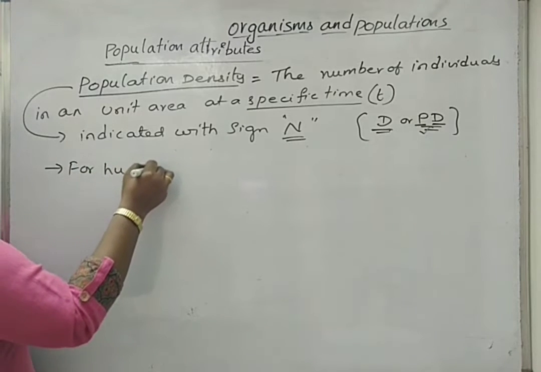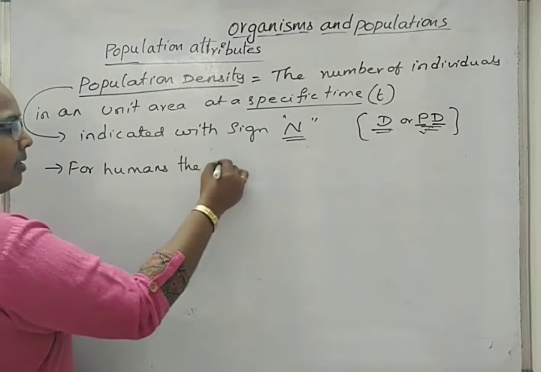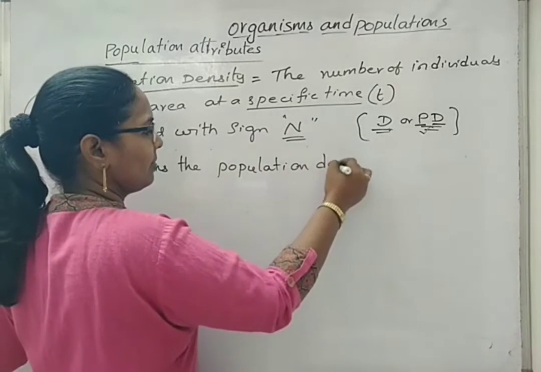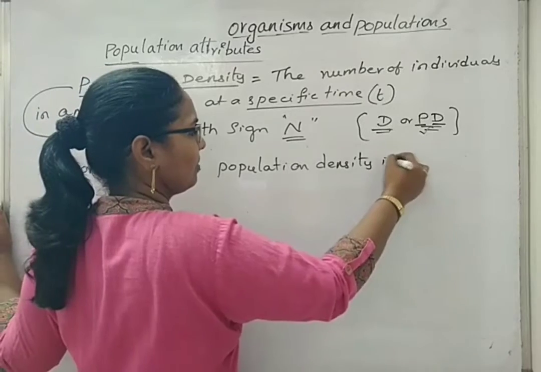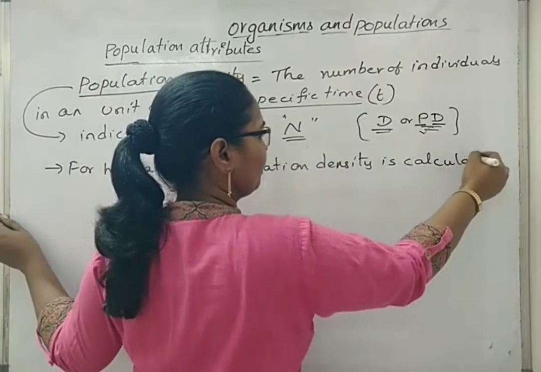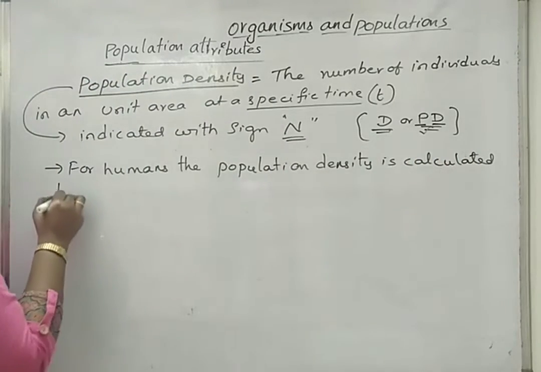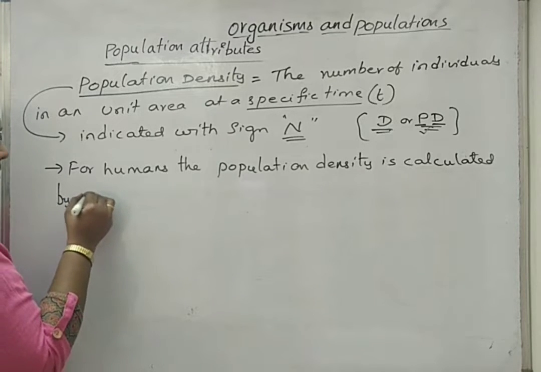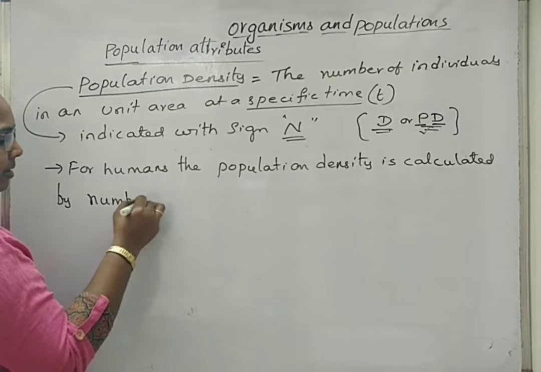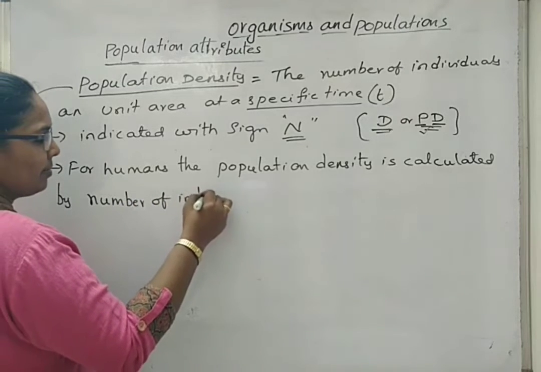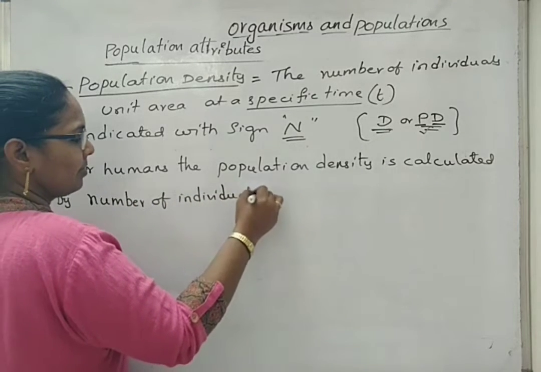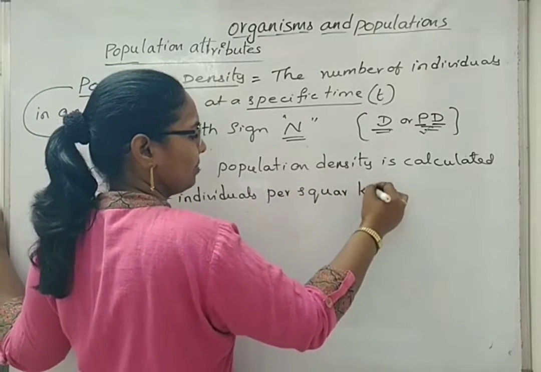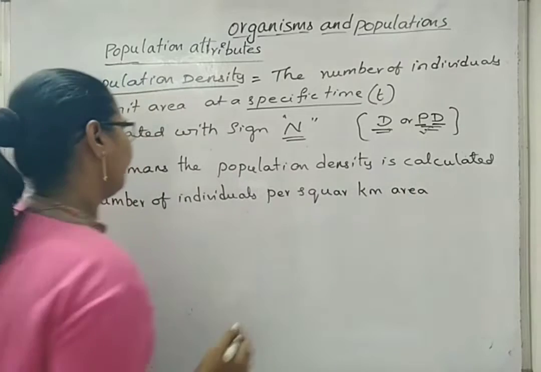For humans, the population density is calculated by the number of individuals per square kilometer area.